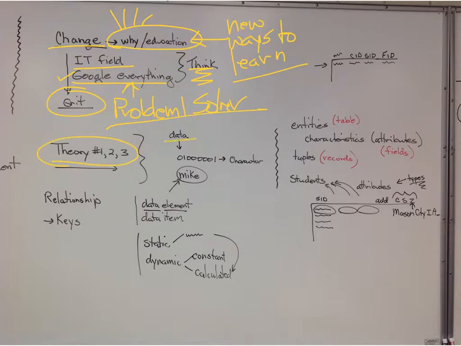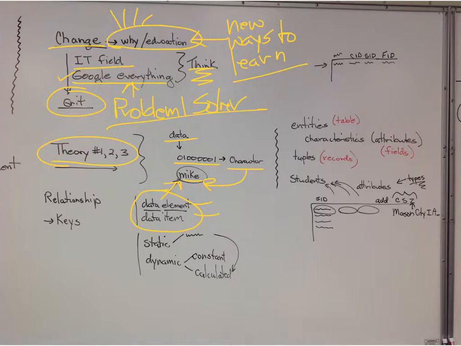Talk about theory. We start out talking about data, bits, character, maybe representing a word, data element, or data item. There are some differences, but for right now, a name might be a data element.